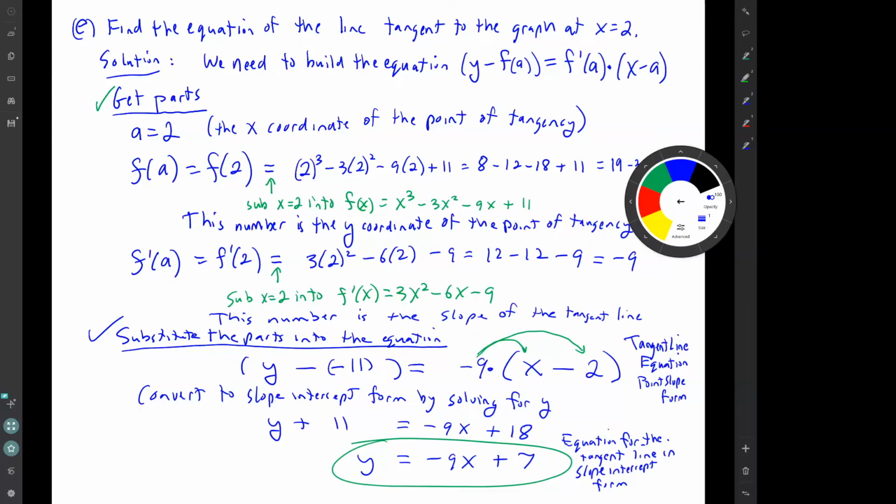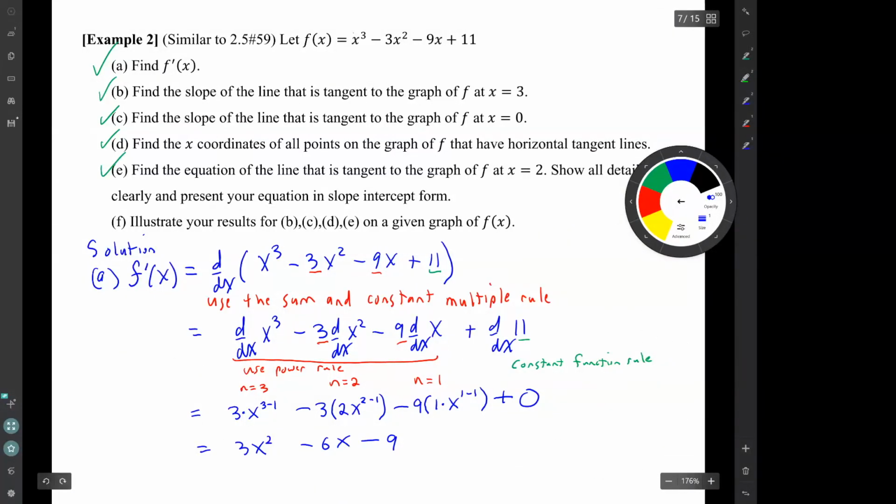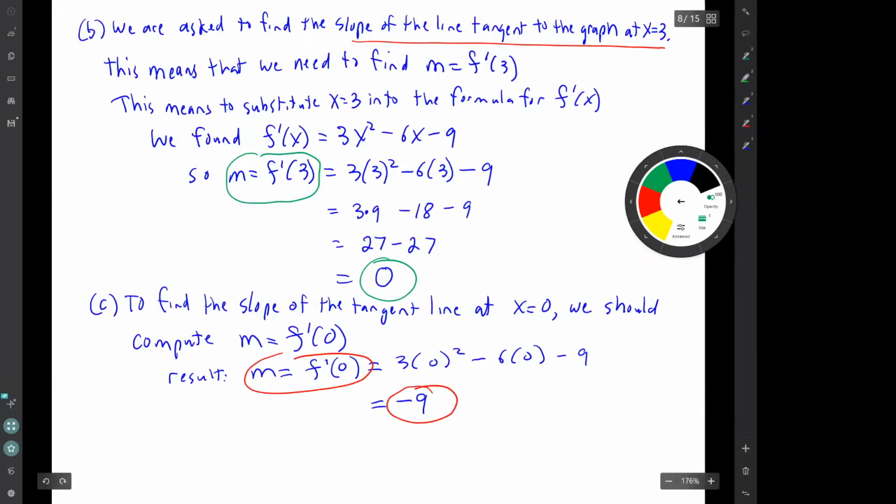Now let's go back up and see what question F is. Question F is to illustrate the results for B, C, D, and E on a given graph. So let's have a quick look at those results. In B, we found that f prime parentheses 3 is 0.